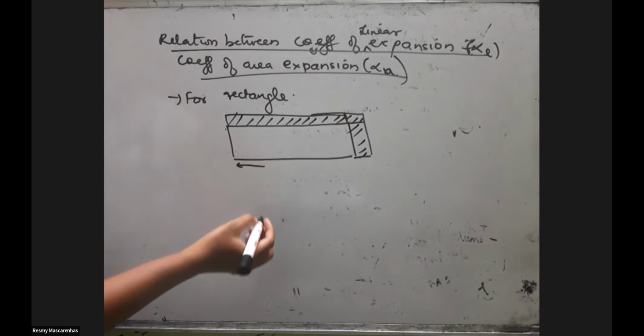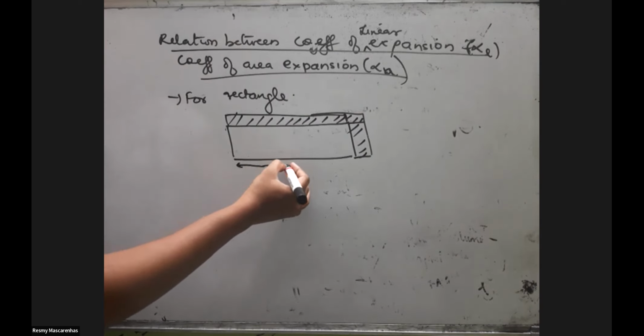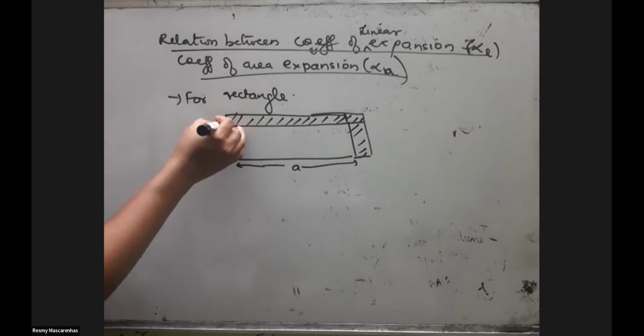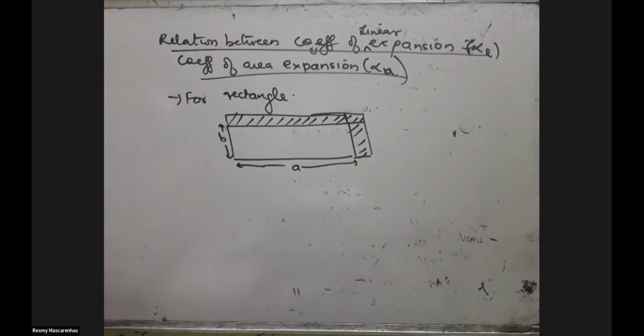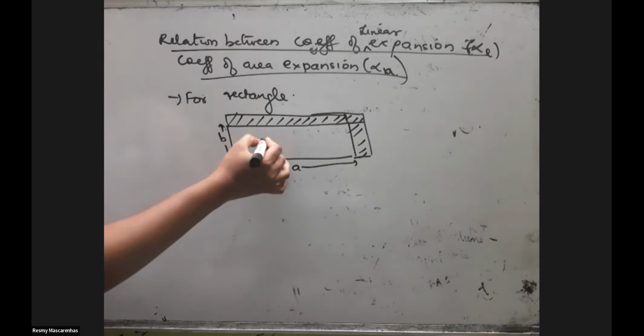This is your length. Consider it to be A and breadth to be B. What will be this area?